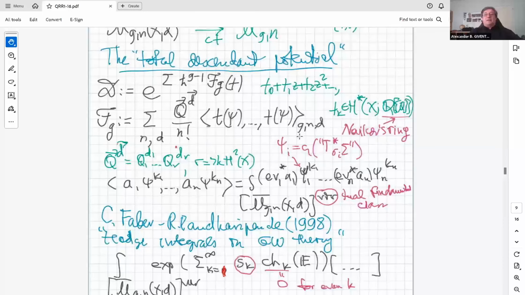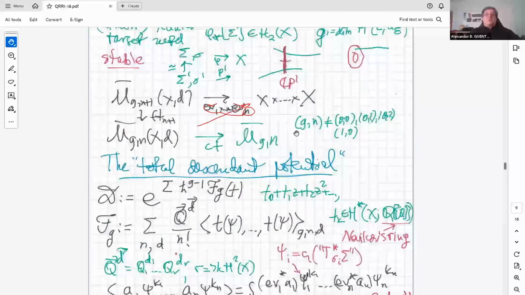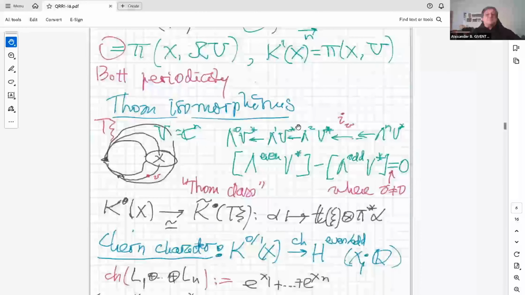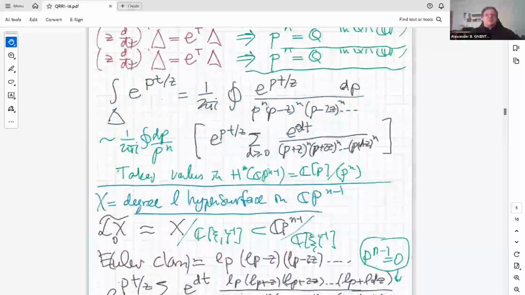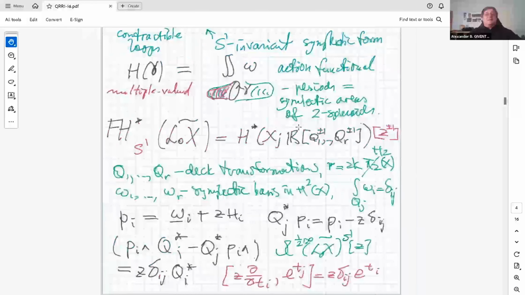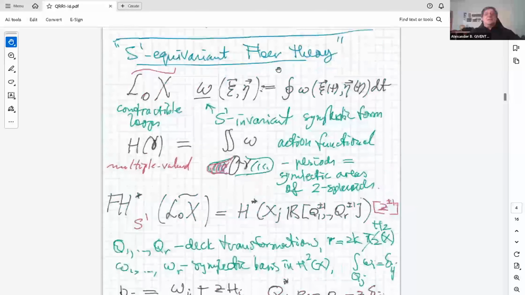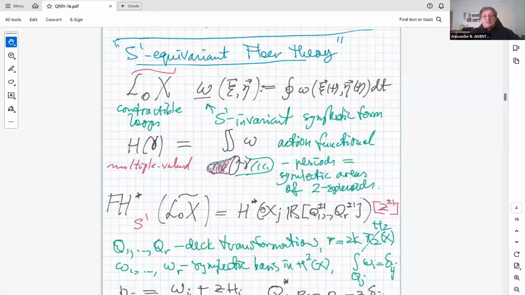But if you go back to the heuristics of equivariant Floer theory on the loop space of the target space, then we were talking about this semi-infinite Floer homology as one equivariant of the covering of the loop space. And actually it had essentially the same form as that curly H space.